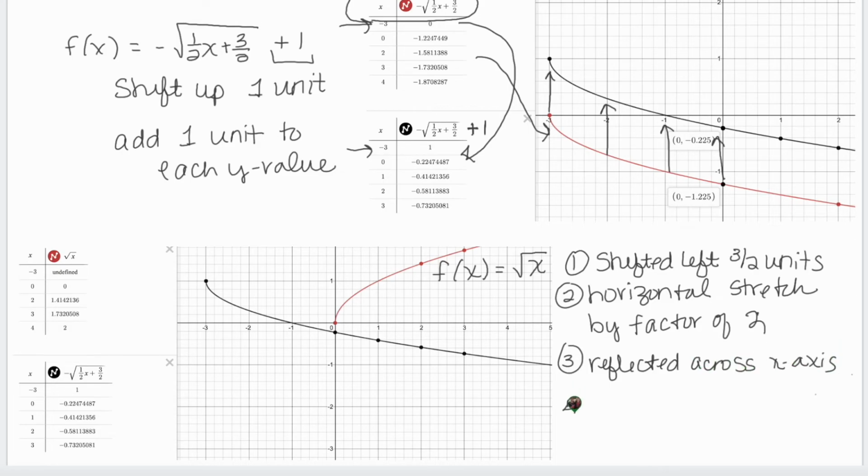And finally, step 4, we shifted up 1 unit, where we got to our new function of negative square root of one half x plus 3 halves plus 1, which was the black line there.